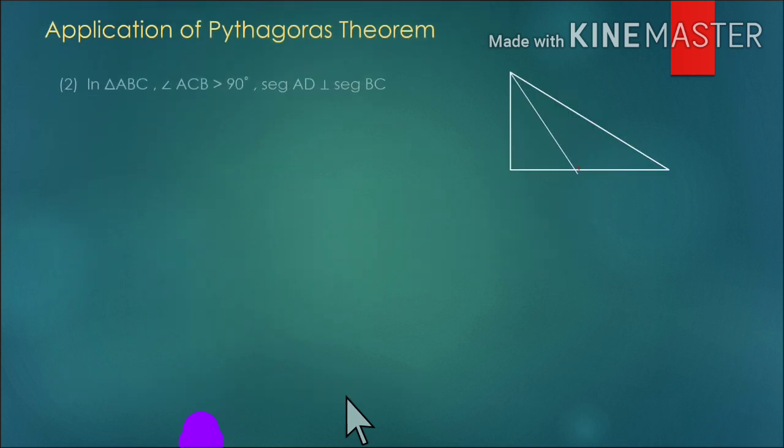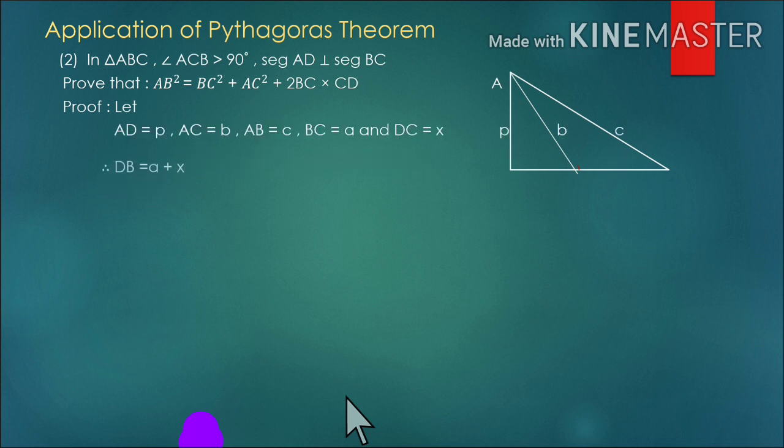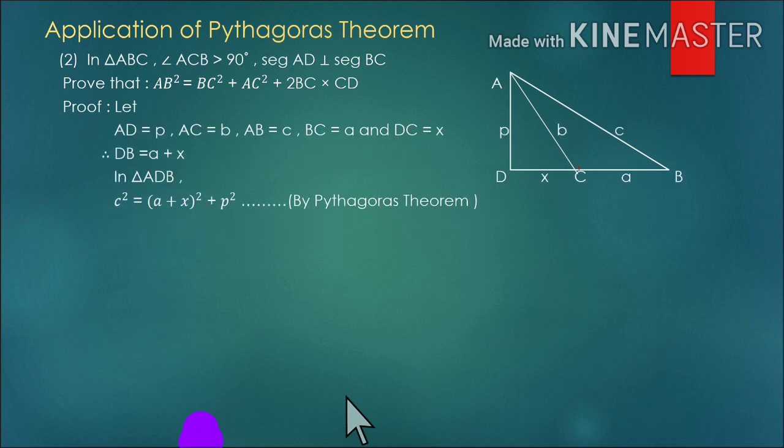Now, application of Pythagoras theorem for obtuse angle triangle. Here, this is triangle ABC. In triangle ABC, now see, angle C is an obtuse angle here.